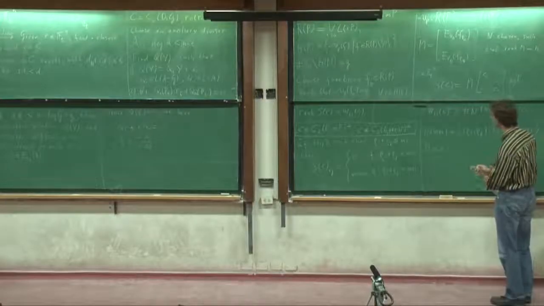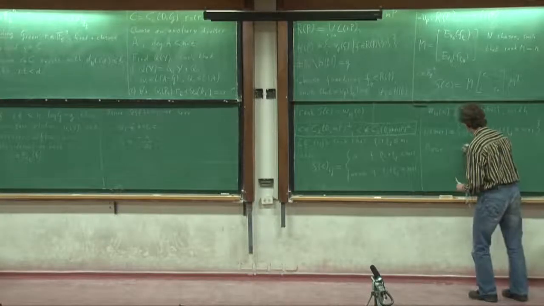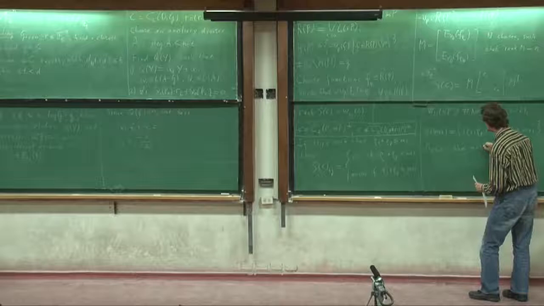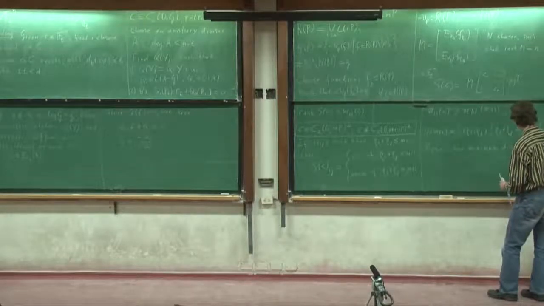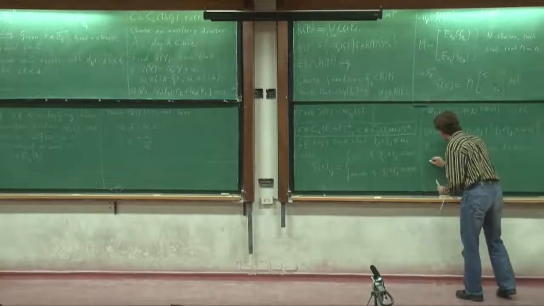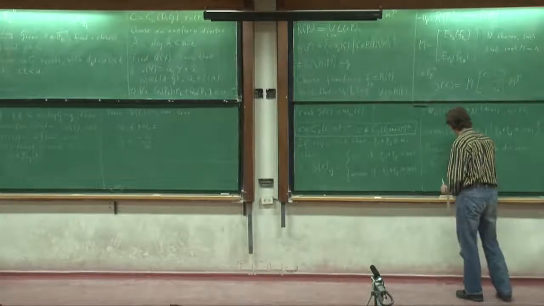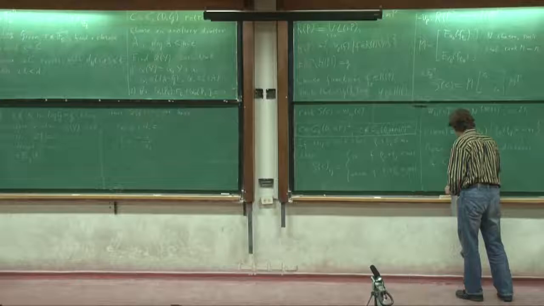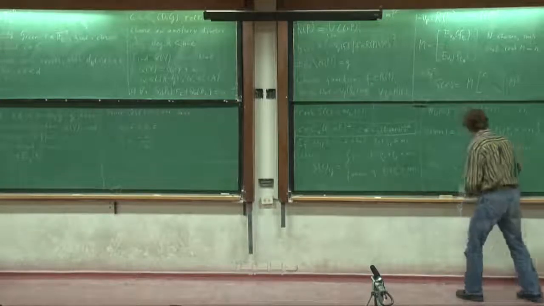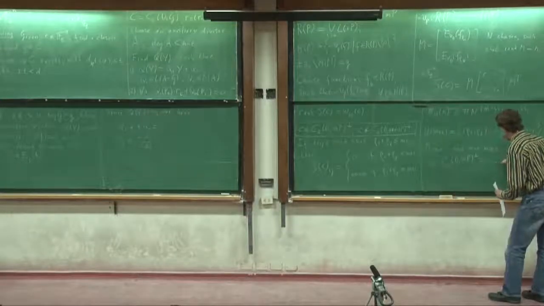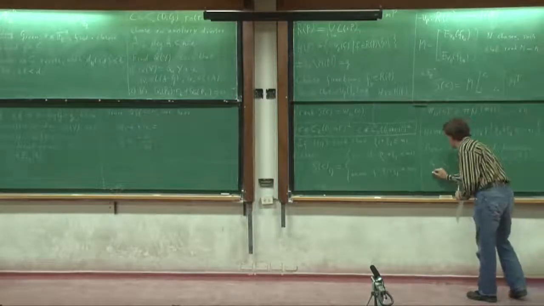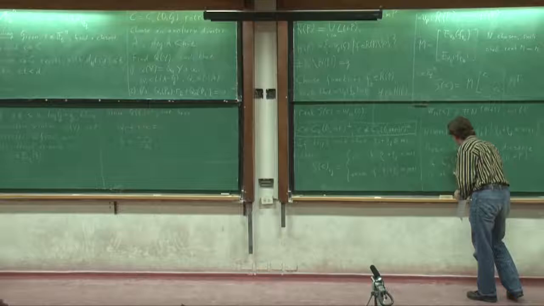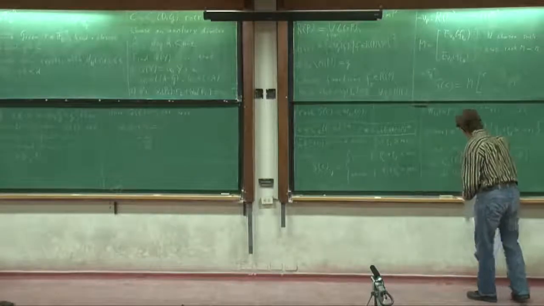We already know that the minimum distance of this dual, so note this was just C omega D m P, is at least, well, what was it again?